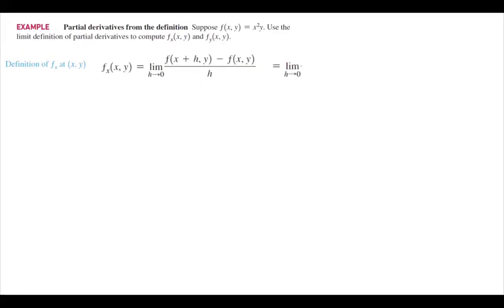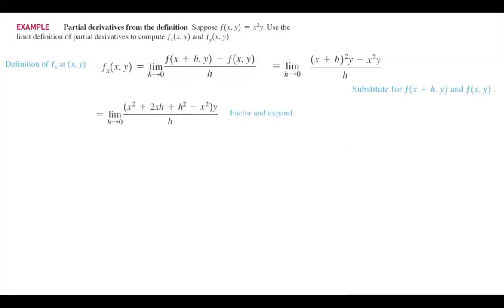It's going to be the limit of, wherever we see x, we substitute x plus h. It has exponent 2, times y, minus x squared y, divided by h as h goes to 0.